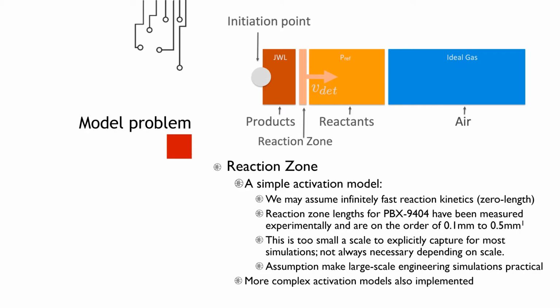The reason we do this, one, it's a very simple model. So for engineering type simulations, it's quick and very easy. We assume basically infinitely fast reaction kinetics, zero length scale. This is done because, for PBX, which is basically C4, the resolution required is on the order of tenths of millimeters, which obviously, if you're simulating either kilometers or at least tens to hundreds of meters, is just not realistic.